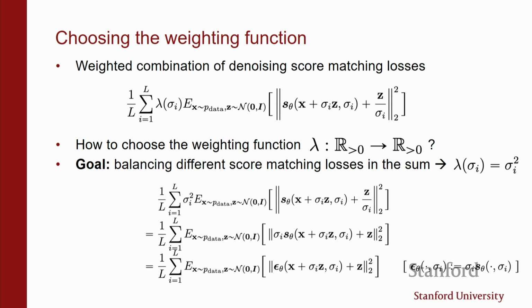So the loss would look something like this, and essentially you end up caring about the same amount at the different noise levels if you make that choice, because of the various scaling factors. Remember there is a sigma i here, so that's, again, a choice. Other choices can work as well, but this is the thing that we did.